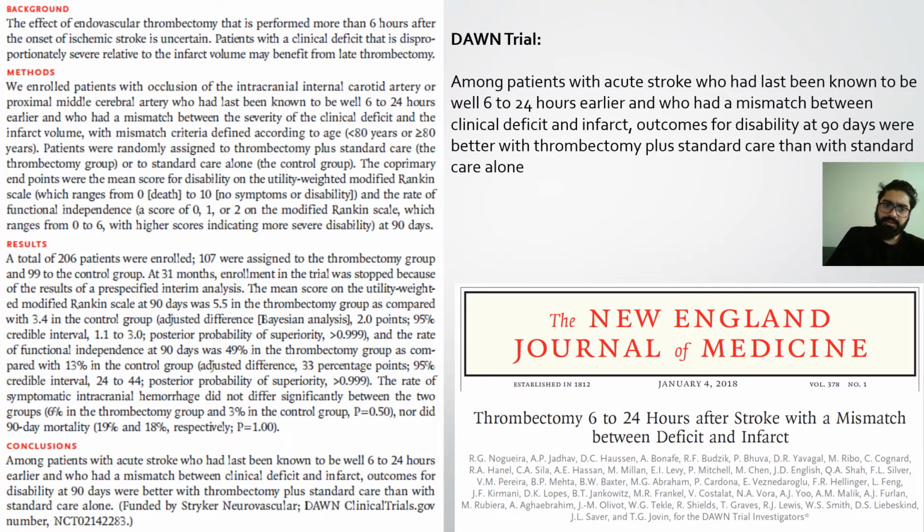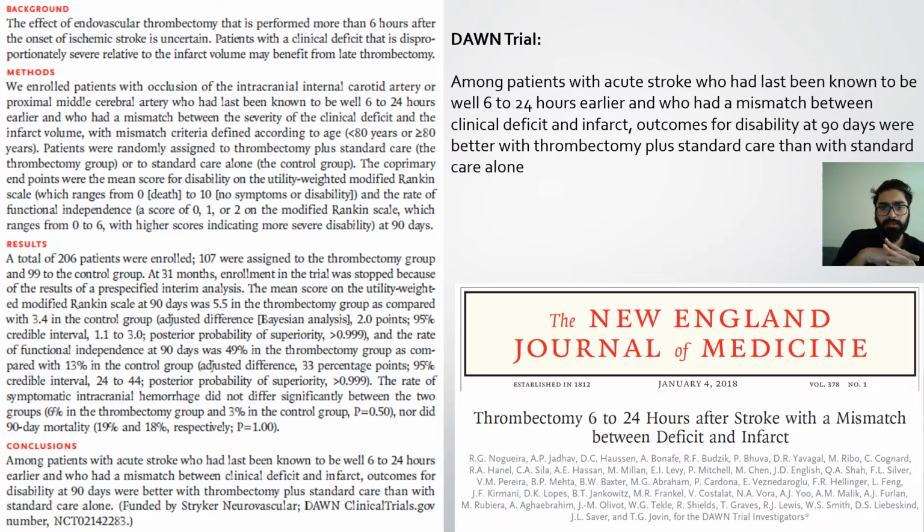In their study, a total of 206 patients were enrolled: 107 were assigned to the thrombectomy group and 99 to the control group. At 31 months, enrollment in the trial was stopped because of the results of a pre-specified interim analysis. The mean score on the utility-weighted modified Rankin scale at 90 days was 5.5 in the thrombectomy group as compared with 3.4 in the control group.